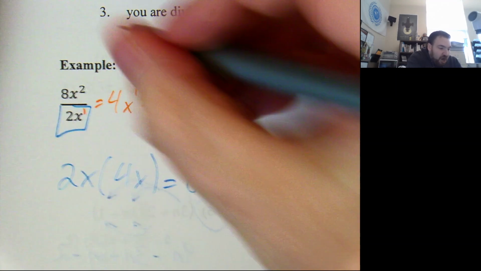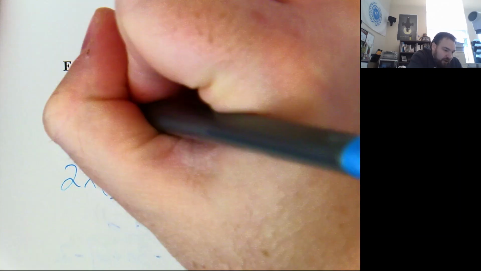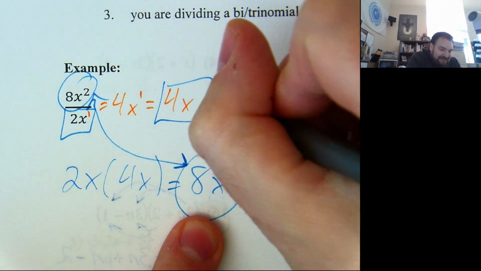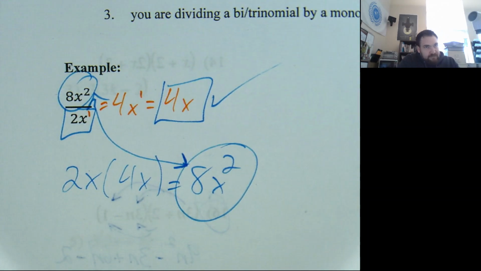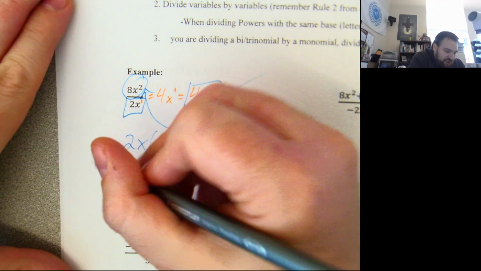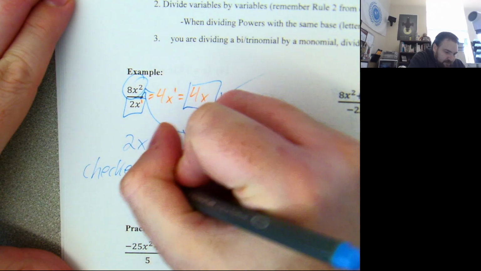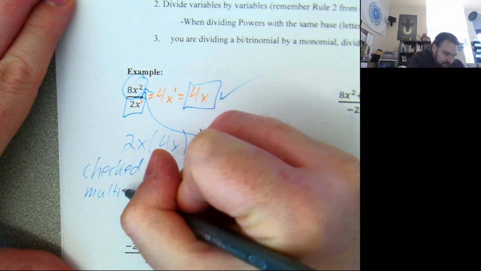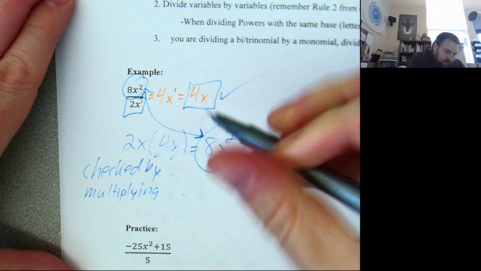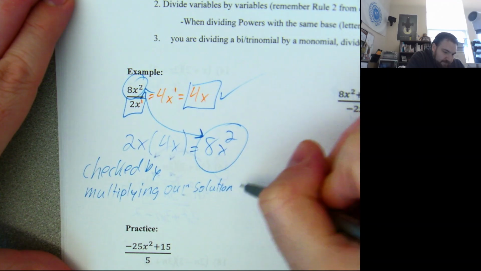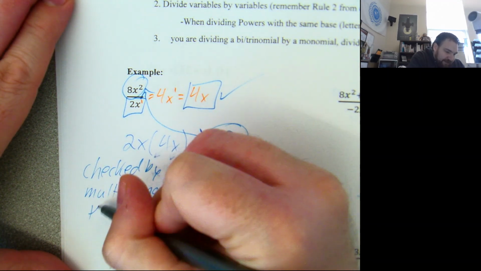So because we got the numerator back, that means this must have been correct. So I want to make a note of what we did there. We checked by multiplying our solution by the denominator.